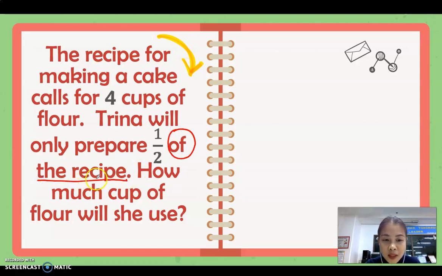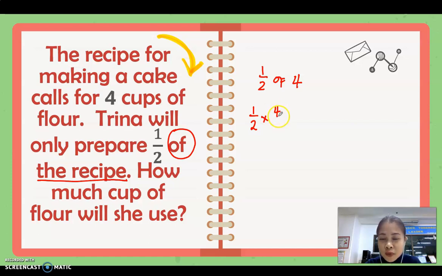The recipe is 4 cups. For one recipe, it needs 4 cups of flour. But Trina will only prepare 1/2 of the recipe. So when you write it, it's going to be 1/2 of 4. So 1/2 of the recipe is 4 cups of flour. So if you're going to write the equation, what is 1/2 times 4?